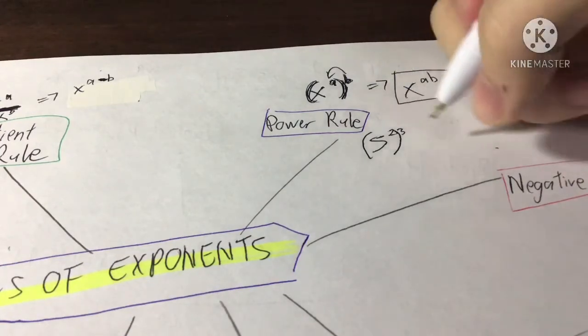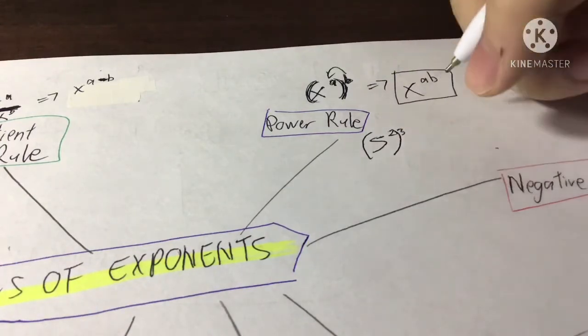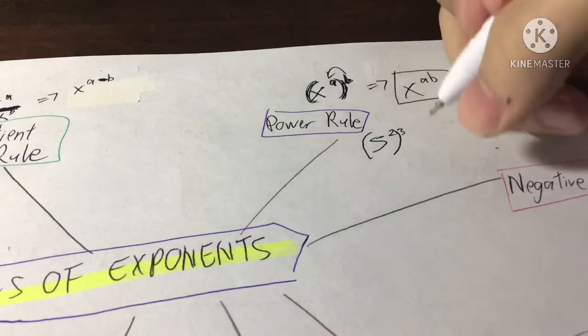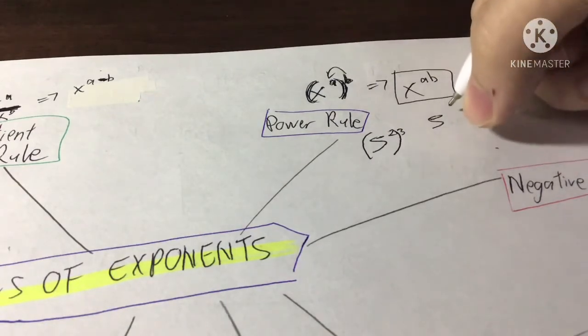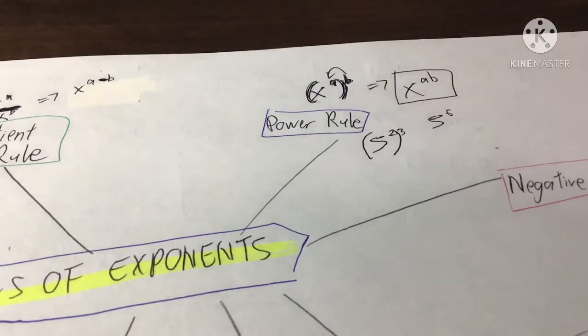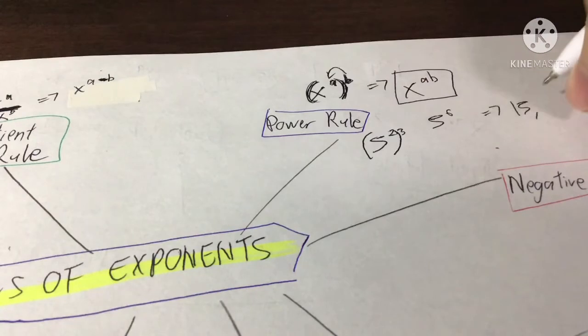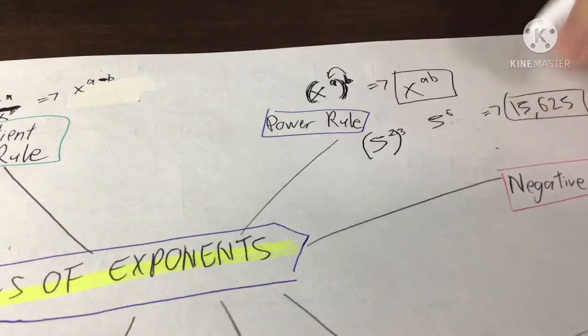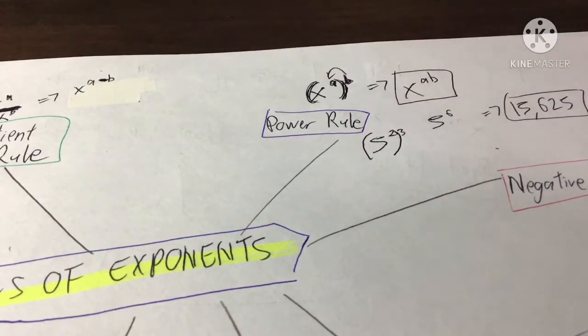Yeah, moving on, back to the lesson. 5 raised to 2 times 3, this will be 5 raised to 6. And moreover, if we use 5 raised to 6 in a calculator, we would get 15,625. It really depends.